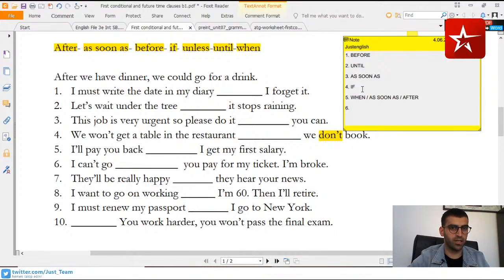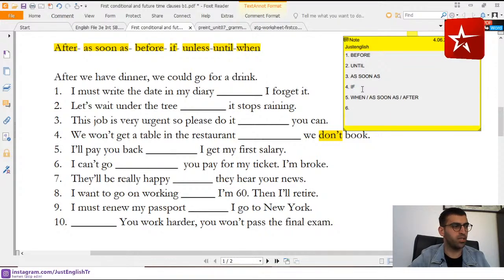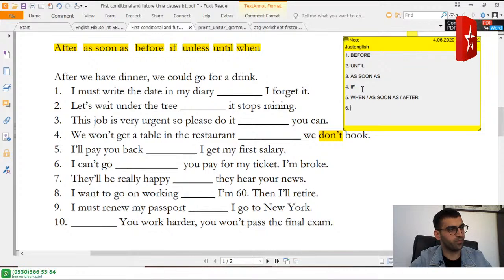Let's continue with number 6. I can't go, you pay for my ticket. I am broke. I am broke, it means I don't have any penny on me, like I don't have any money on me.